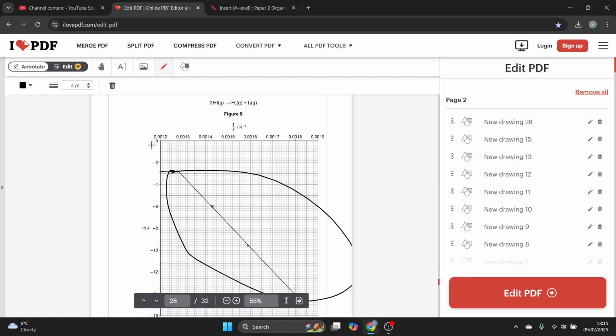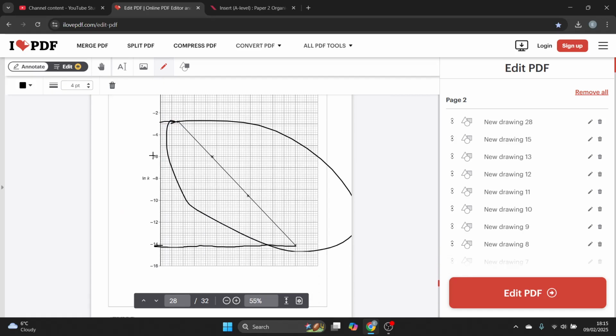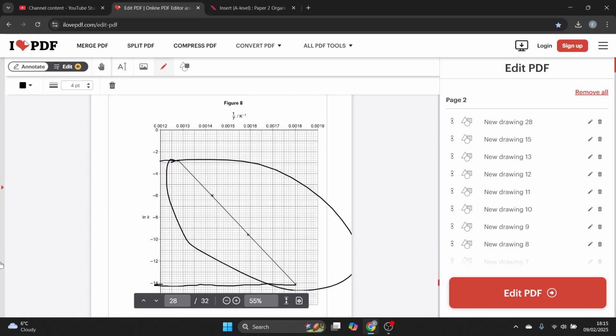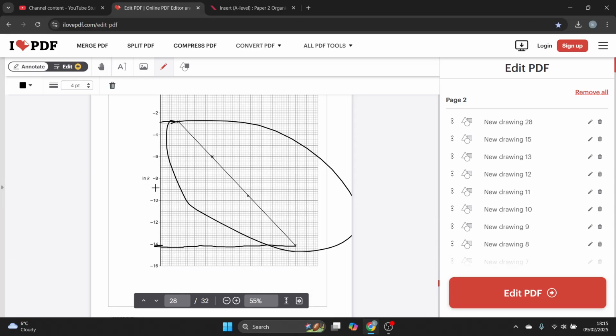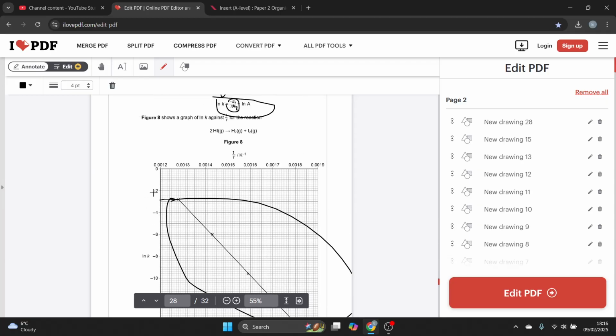Then I do the gradient: minus 14.2 minus 2.8 over 0.0018 minus 0.0012.